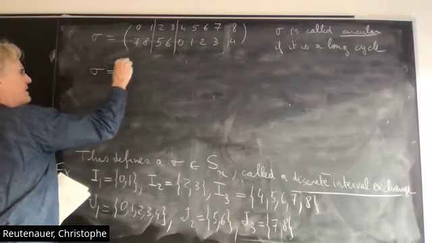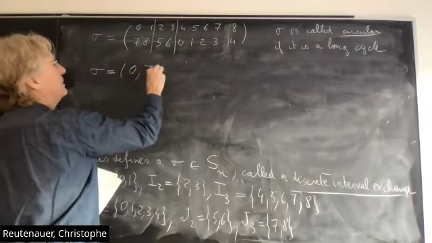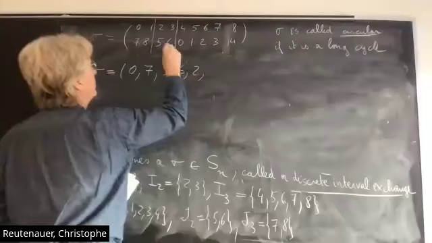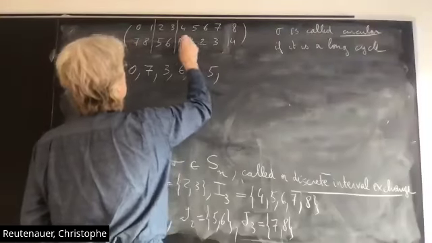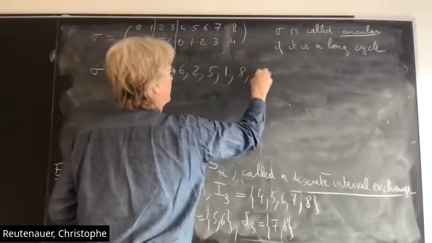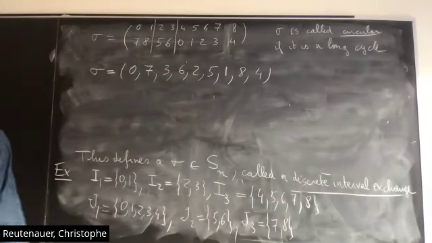You write it as a cycle, starting from 0. 0 goes to 7, 7 to 3, 3 to 6, 6 to 2, 2 to 5, 5 to 1, 1 to 8, 8 to 4, and 4 to 0. So it's a long cycle.